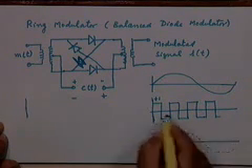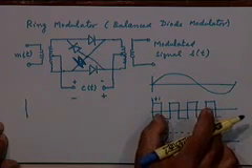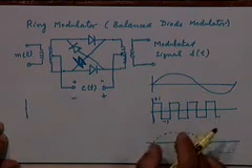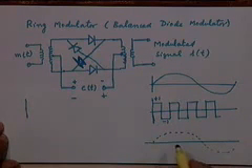Of course this switching will be at a much higher rate than I have shown in this picture, because this is a carrier frequency. So this switching is taking place at the carrier frequency, which is a high frequency. So you will get something like that.